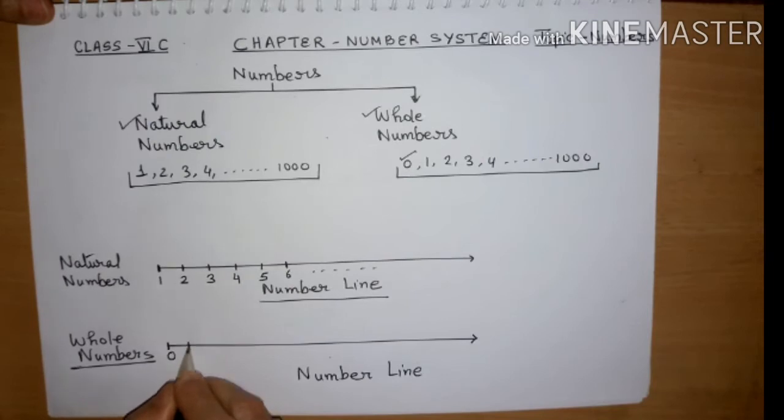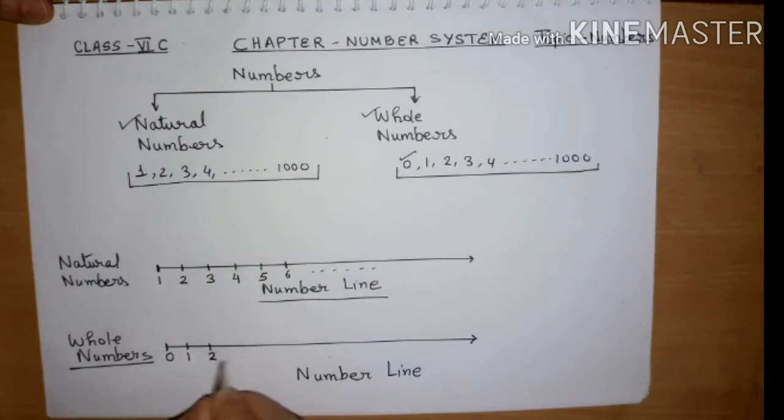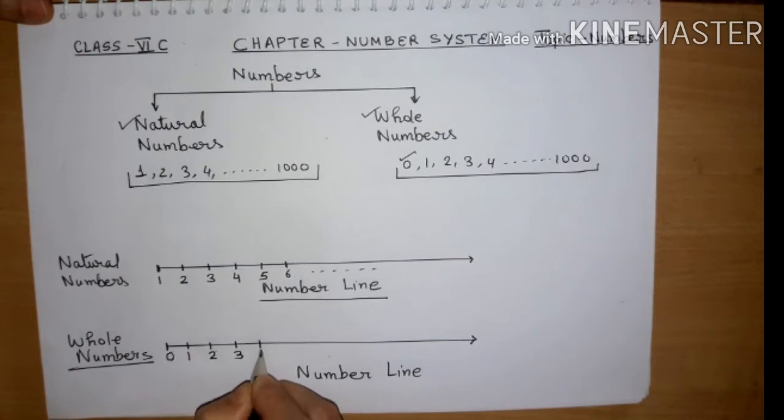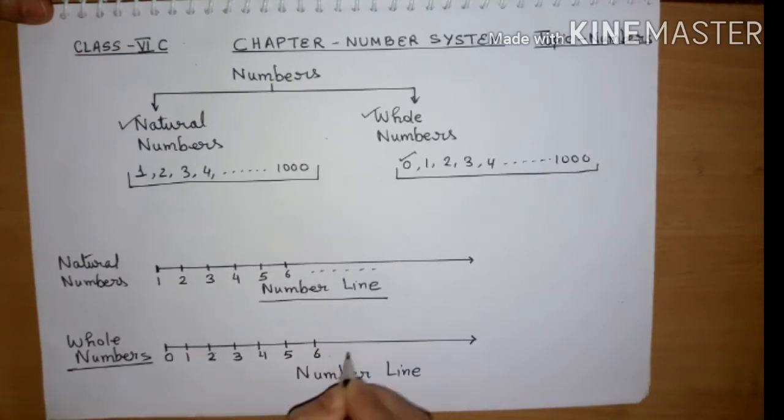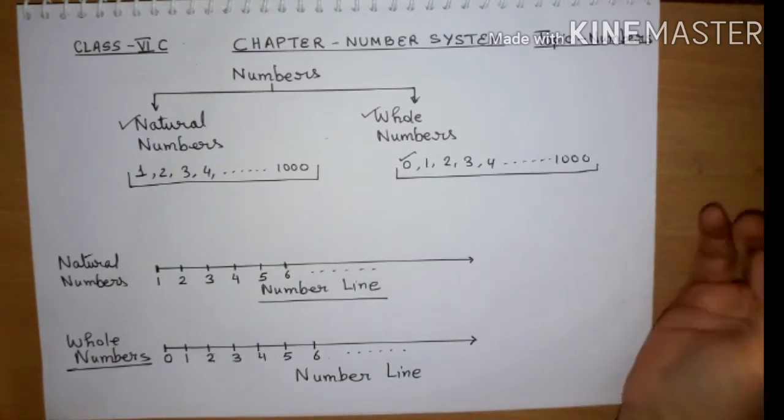Then as we represented the natural numbers, in the same manner after every equal distance we keep marking and write the numbers in this way. I hope it's clear to you all. Let me just tell you again shortly.